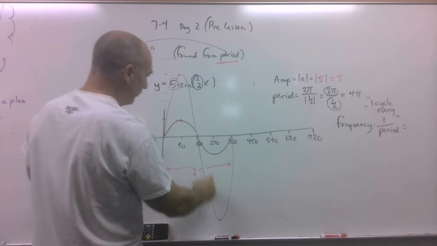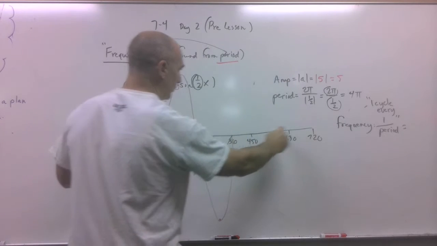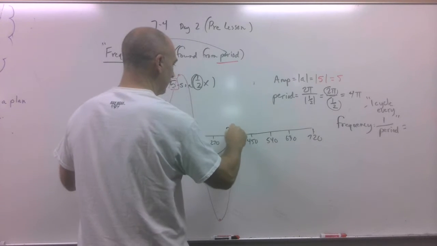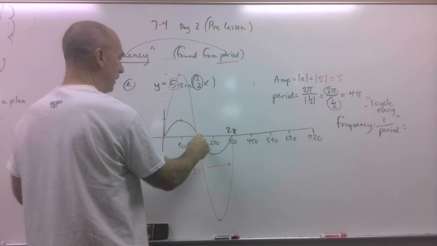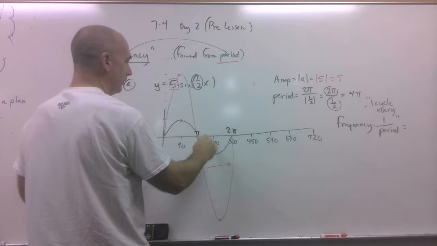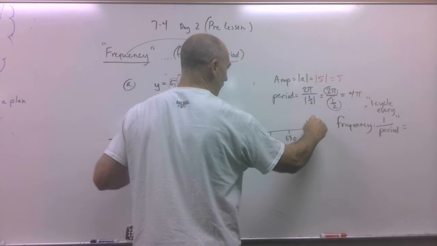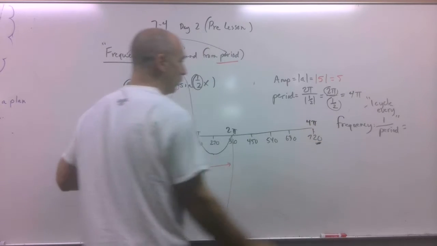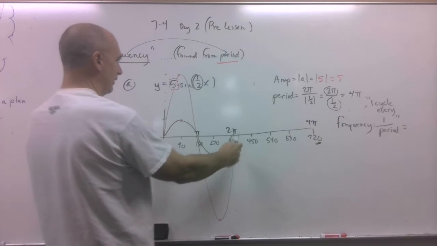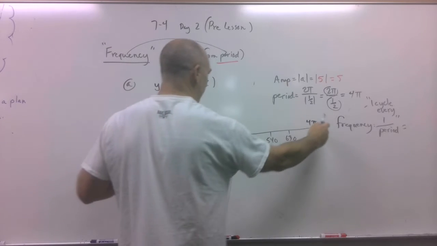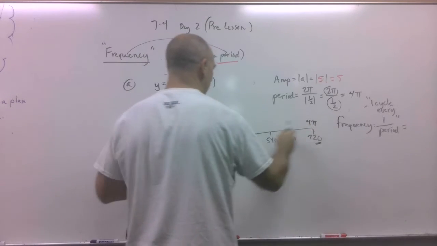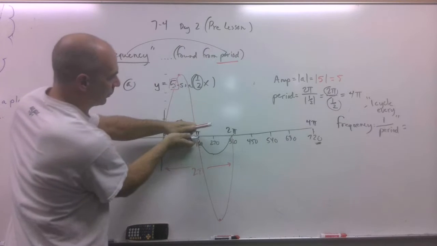This graph has to go through one cycle now in 4 pi. See, this is 2 pi because 180 is 1 pi. So if this is 2 pi, we double it, that'd be 4 pi. So I have to draw this same drawing in this amount of space. So it's getting horizontally stretched. It was vertically stretched.